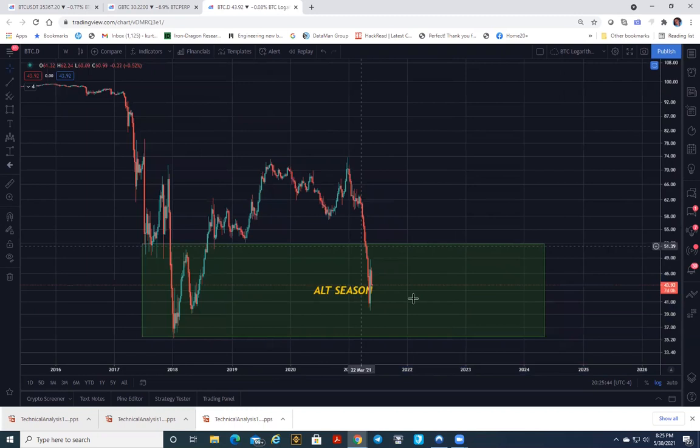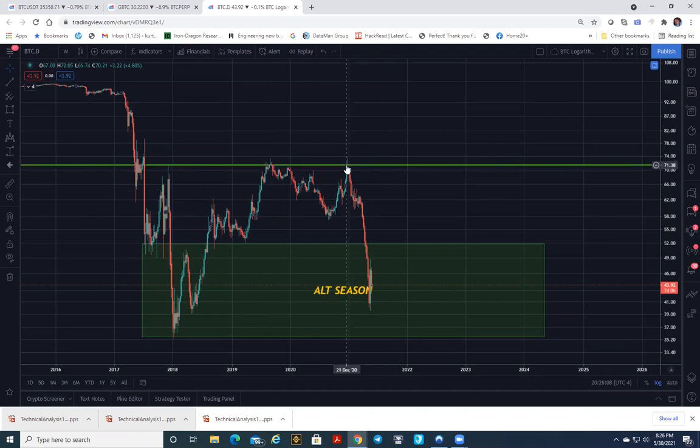When we're down inside of this, the alts are still going to be running up. But if we start moving up on the dominance chart, look back at these dates and see what the alts were doing on these days when it jumped up. They were tanking. I can almost assure you the majority of these alts were going down.